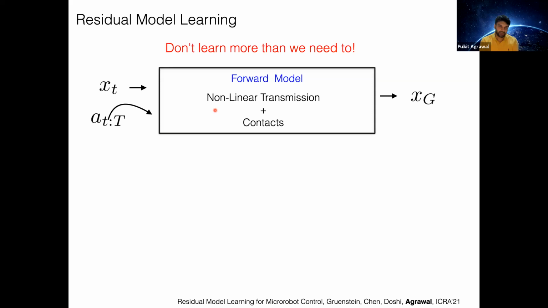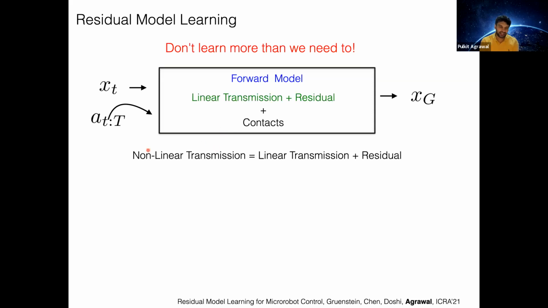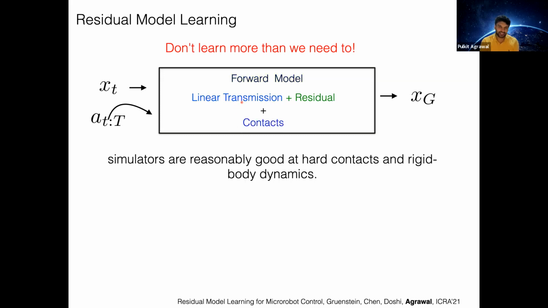But we can be a bit clever over here. For example, I can say the nonlinear transmission is actually some linear transmission plus a residual. And this residual models the difference between the linear and the nonlinear part. So if I have a linear transmission plus contacts, this is something I can do very easily with simulators, because we have very good and fast rigid body simulators.